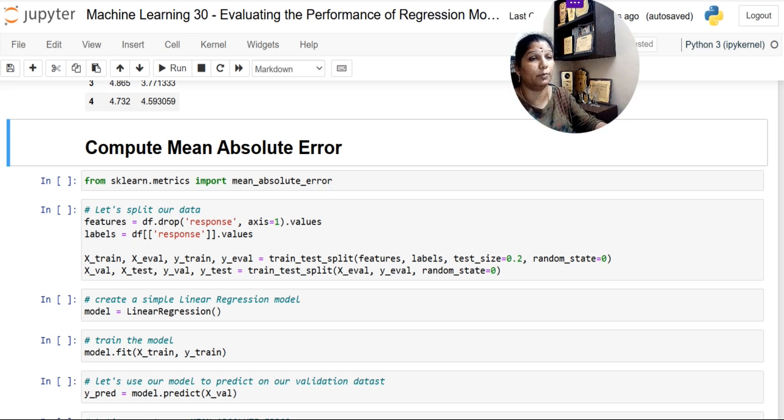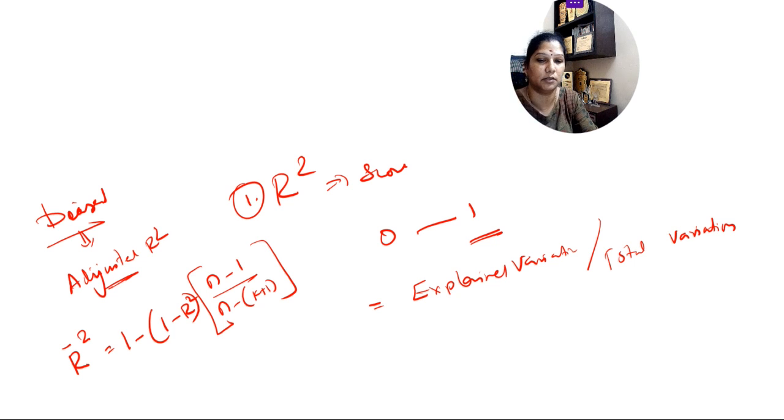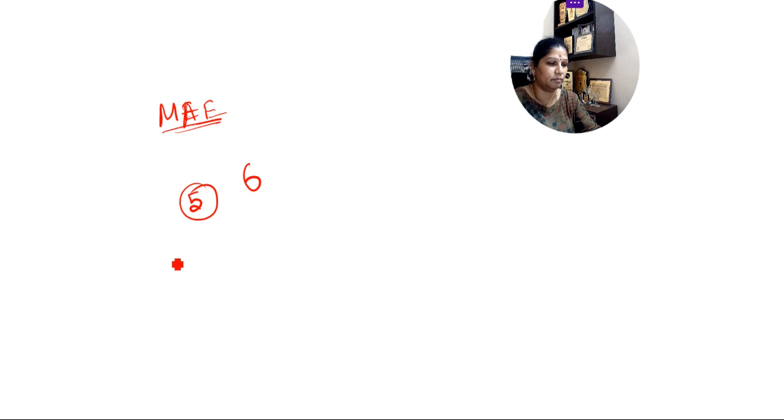Okay, so now let me give you one more example here, for mean absolute error. Let's say my ground truth value is 6, and you are predicting it as 5, what is the distance between these? 1. Now, one more, if you are predicting it as 7, what is the distance between these two?